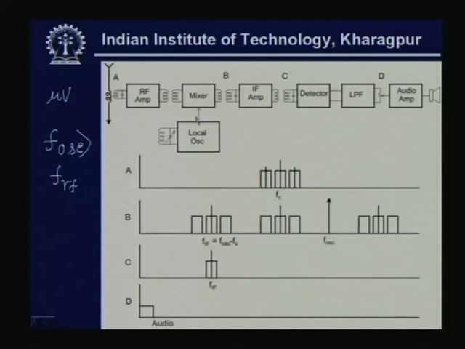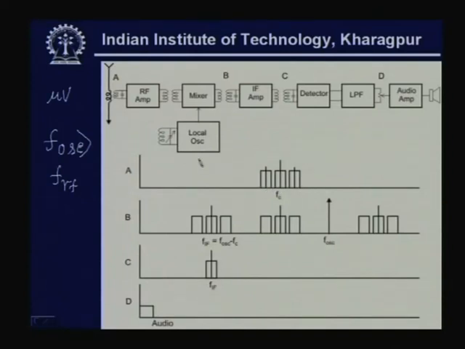This local oscillator frequency is mixed with the amplified RF signal, and whenever you do that, as you know, the signal that we have received is shown here, which has the carrier frequency and two side bands.